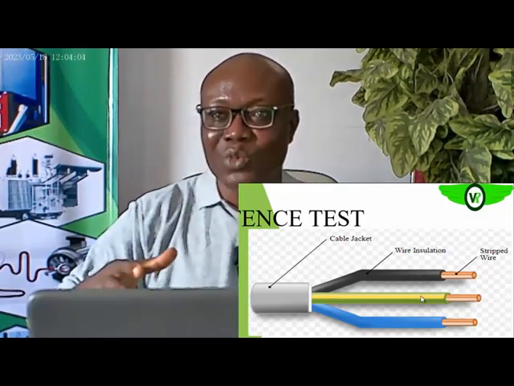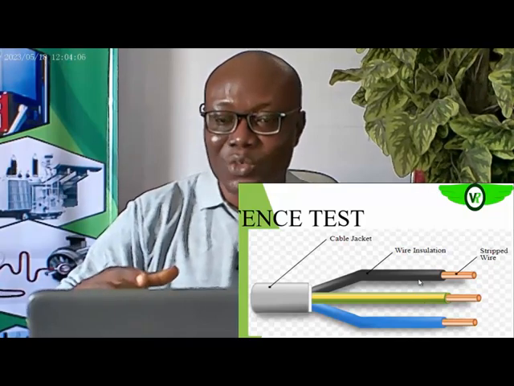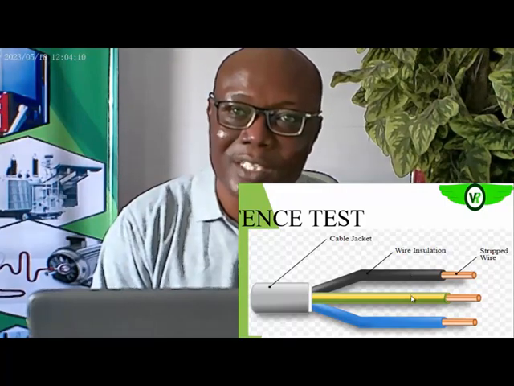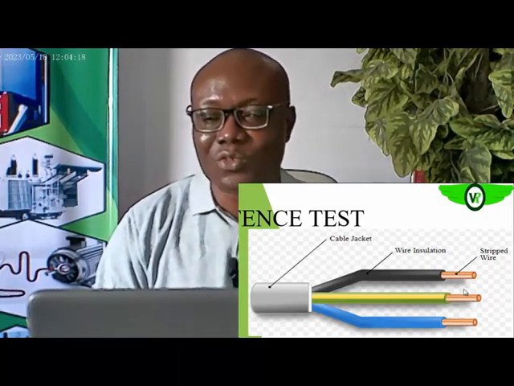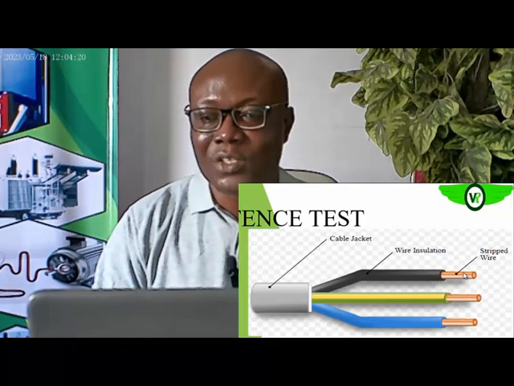Are we getting it? That is the level to which those two insulators will be able to withstand the voltage, or the pressure, that will be applied to these two conductors.